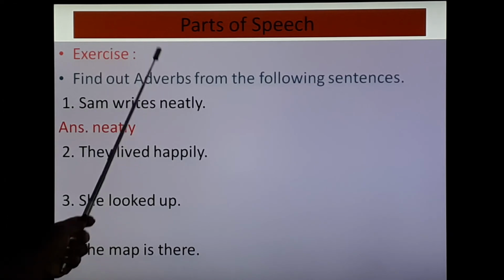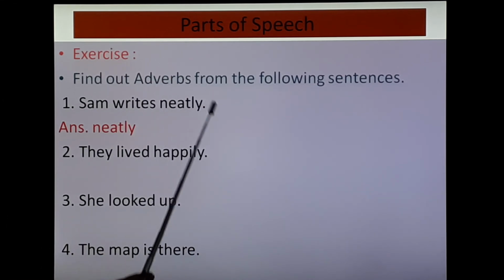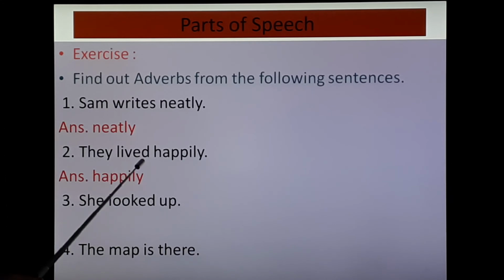That is why neatly is an adverb. Next, they lived happily. Here lived is the verb, and happily adds something to the meaning of the verb lived. That is why the answer is happily.